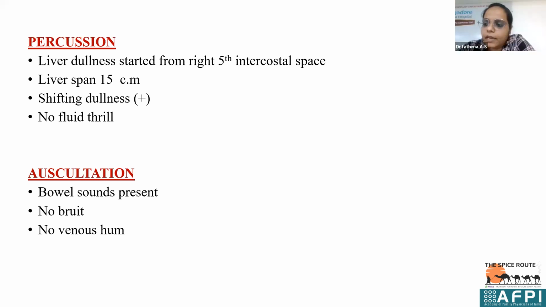Hepatitis C, ma'am. Other causes are genetic disorders like Wilson's disease and hemochromatosis. What will you look for on general examination? KF ring, ma'am. Anything else? Generalized pigmentation in hemochromatosis, and tremors will be there. In hemochromatosis, what will you get on examination?